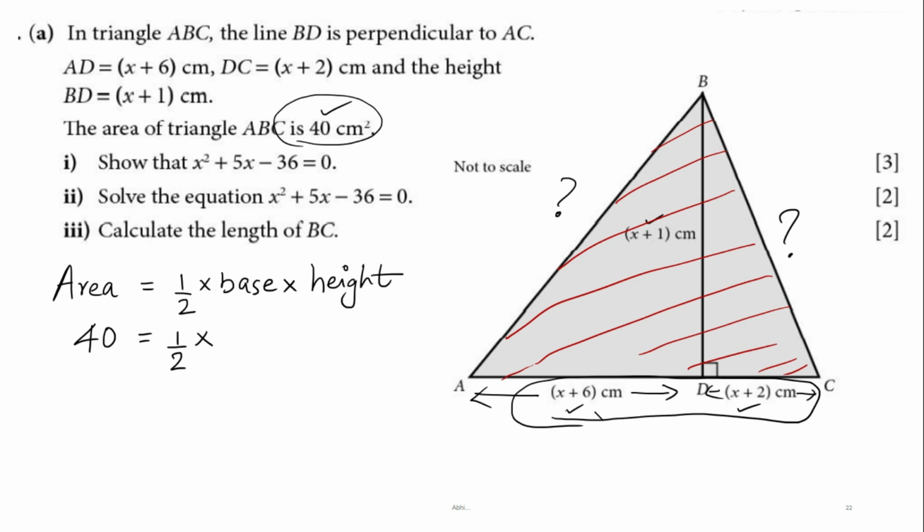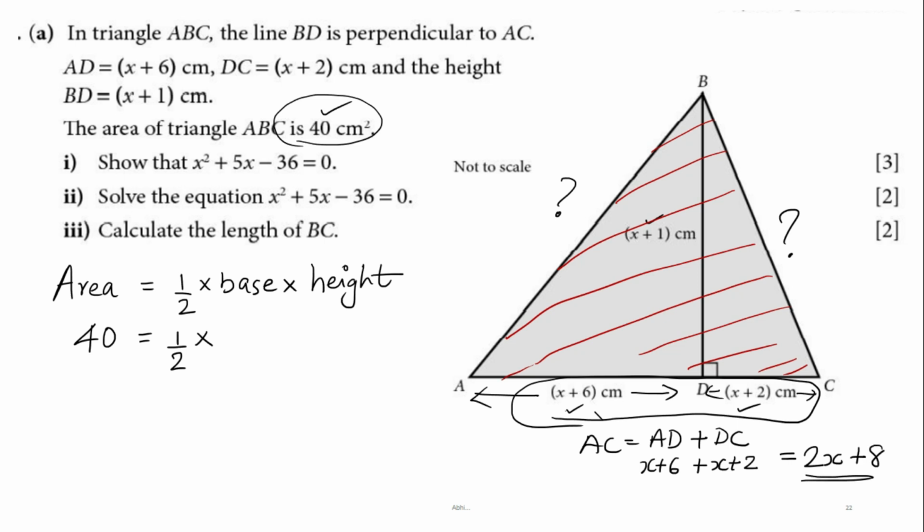So I know my AC is nothing but AD plus DC. So in terms of x, AD is x plus 6 plus my DC is x plus 2, which gives me x and x, it's going to be 2x and plus 8. 6 plus 2 is 8.